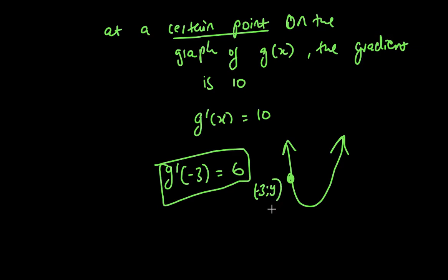I do not know the y value, but what I also know is that there is a tangent at that point, and that tangent has a gradient of 6. Meaning the line passing through that point will have a gradient of 6, but it is actually supposed to be -6 because the graph is decreasing there.